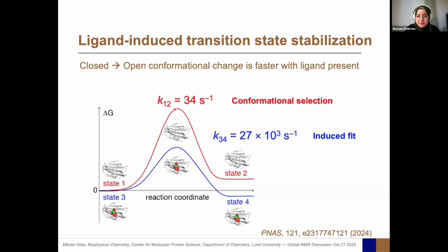That's just one case, but one can play around with these rates and see various scenarios where you would get one dominant pathway over the other. But in principle, if you have 4 states, you pretty much always have a combination. Then the question is just how much does one of the pathways dominate?